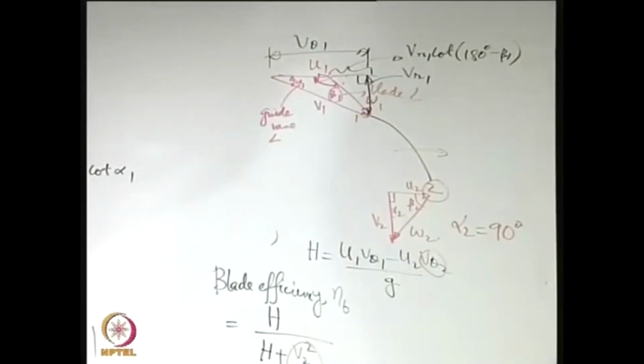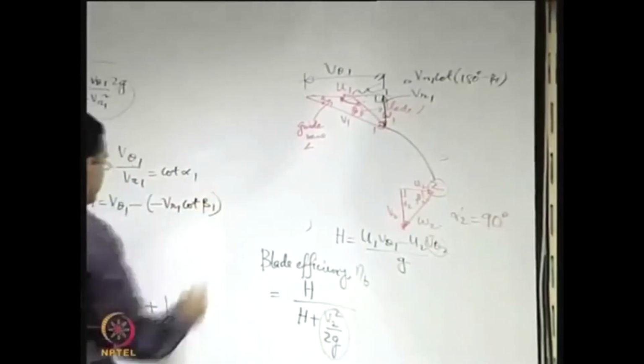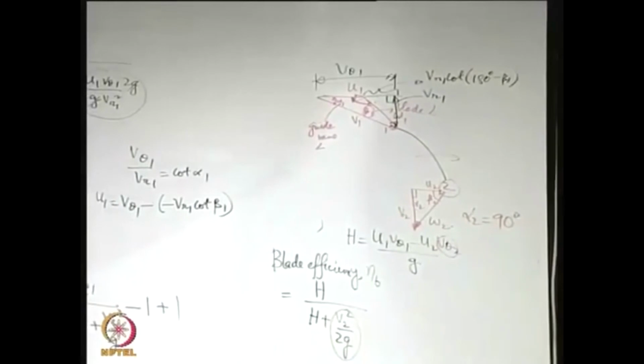So minus VR1 cot beta 1. So minus of minus VR1 cot beta 1. Right? Thank you.